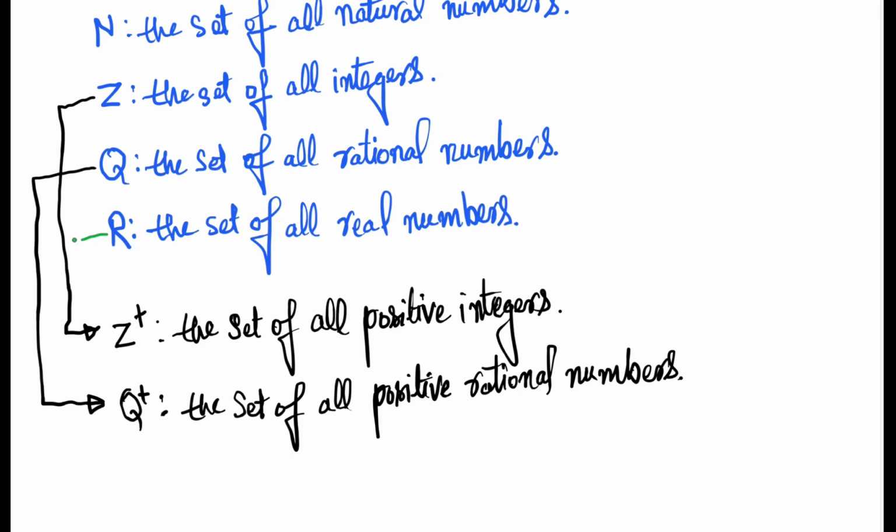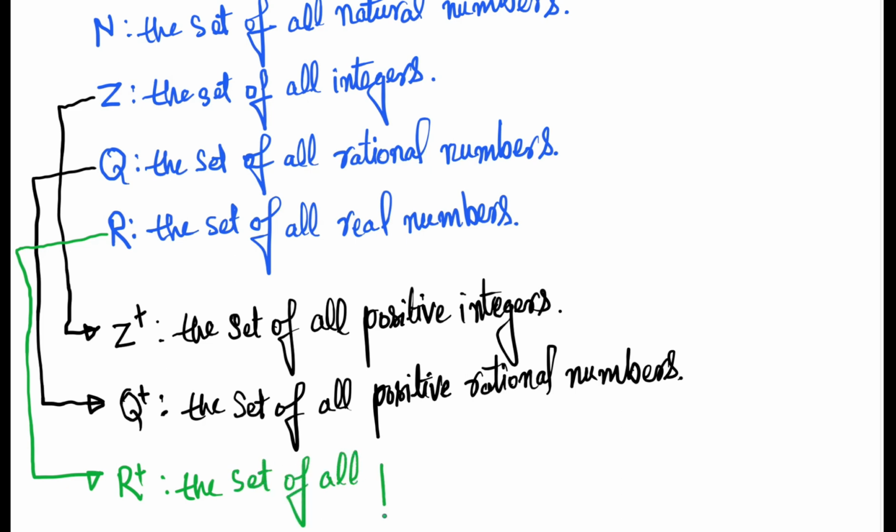And if I write R plus, this symbol represents the set of all positive real numbers. So these are the symbols which we use in sets, and in further lectures I'm going to use all these symbols. In the next lecture, we are going to see how many methods there are for representing a set.